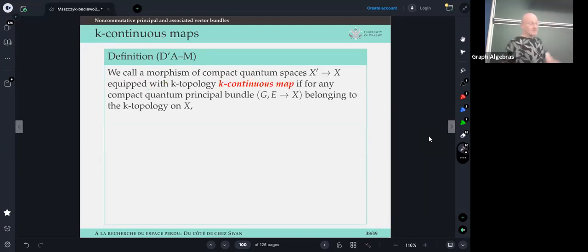Yeah. So this language of K-topology allows us to speak about K-continuous maps. Not every star homomorphism between star algebras coming from representation theory should be regarded as a continuous map in this sense. On one hand, there are too many star homomorphisms having nothing to do with continuity in any sense, because non-commutativity introduces some dynamical structure, like in quantum mechanics.